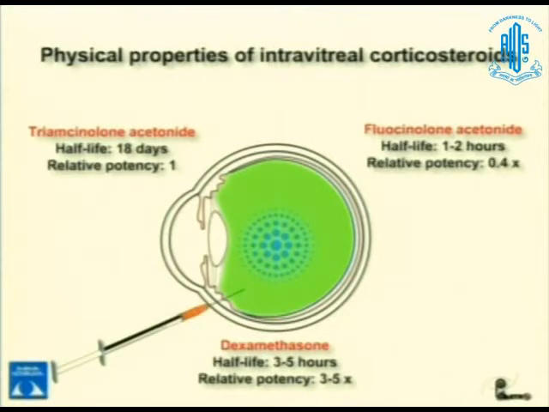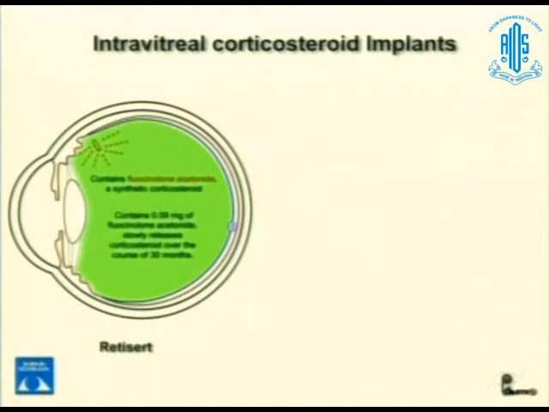So we have tried to devise some intravitreal corticosteroid implants. First we tried Retisert, which was the first FDA-approved device, and which contains fluocinolone acetonide. It releases 0.59 mg of fluocinolone acetonide in the vitreous cavity for 30 months.